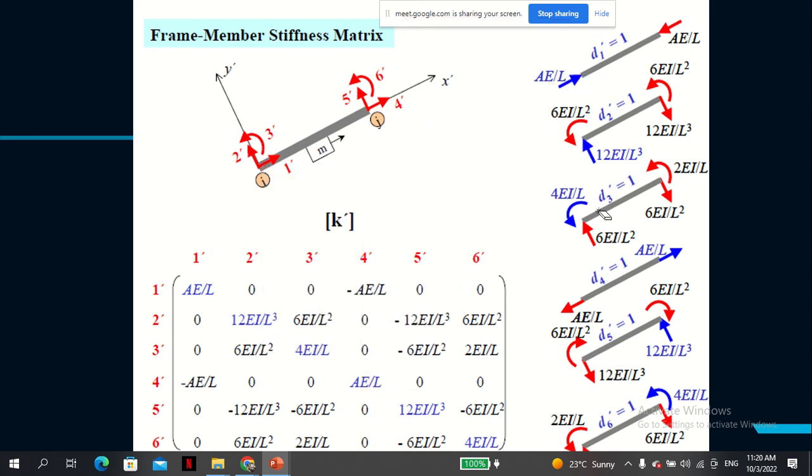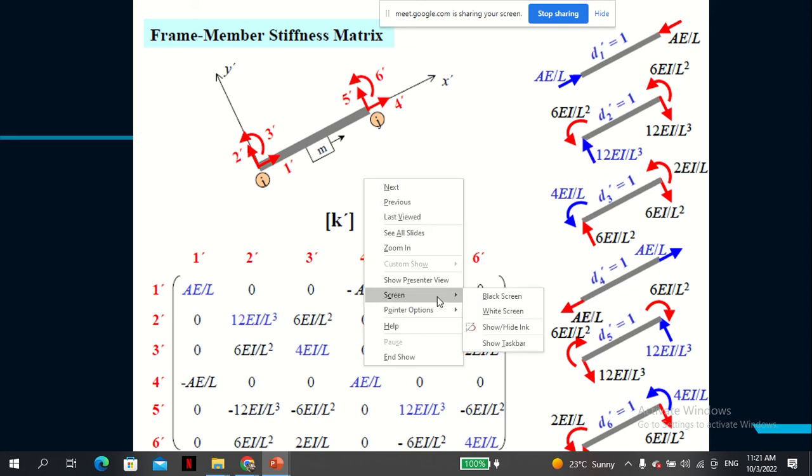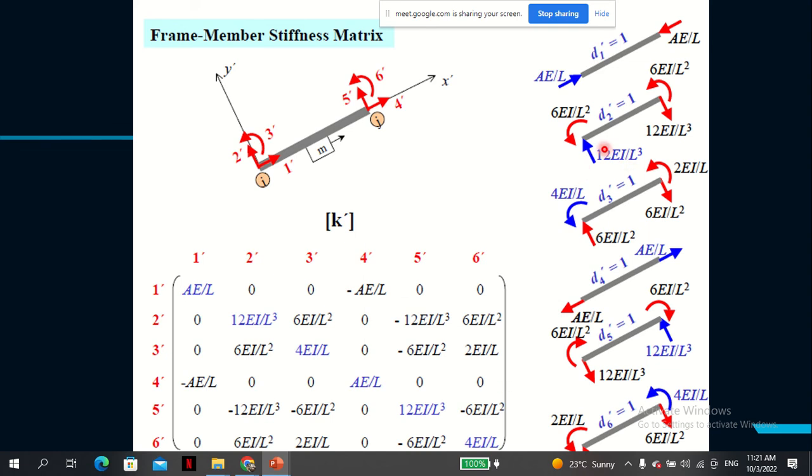Now for the column here, what you apply is this. For the vertical, you apply a unit displacement in that direction, and you solve.